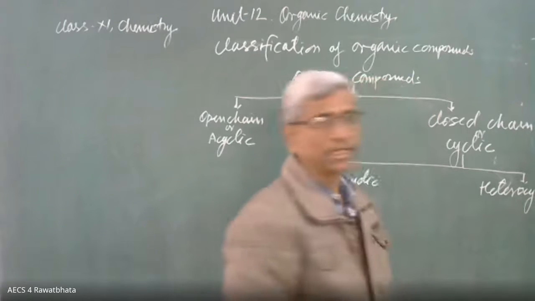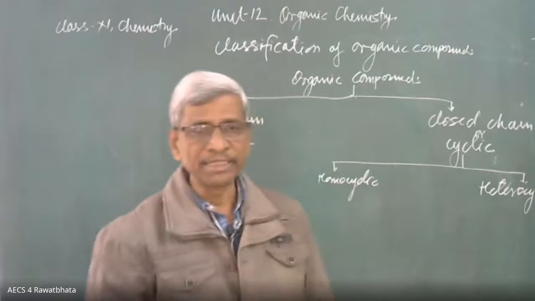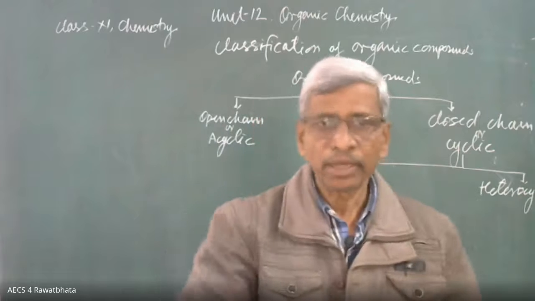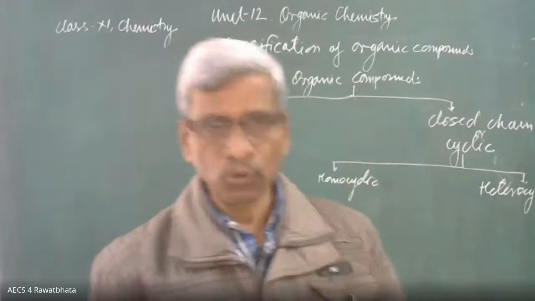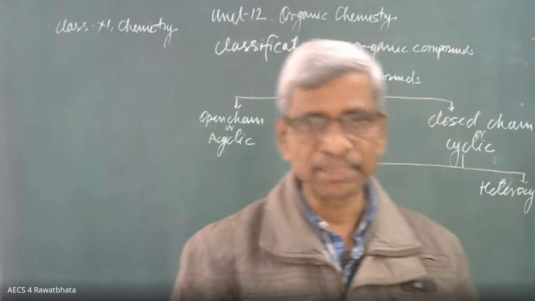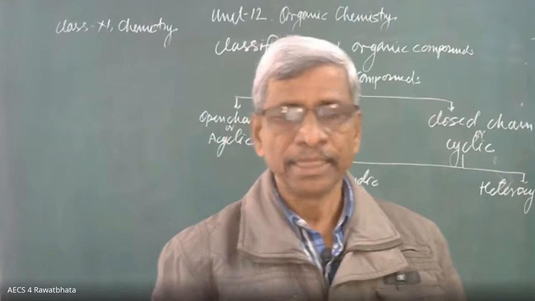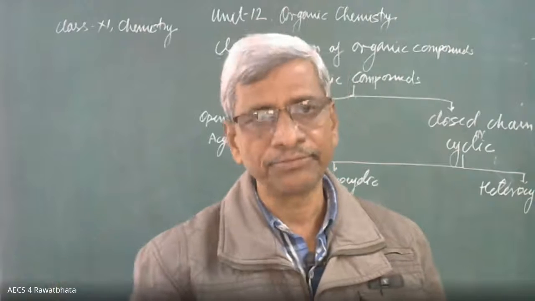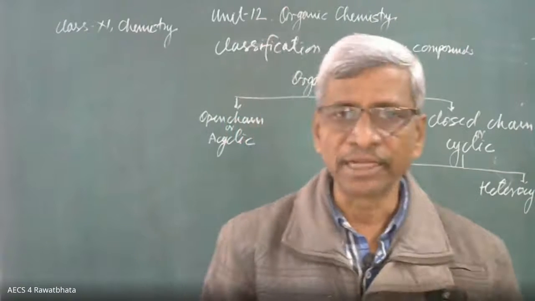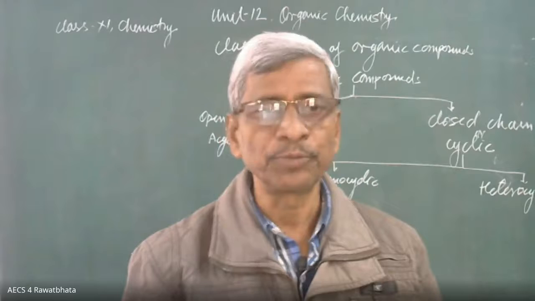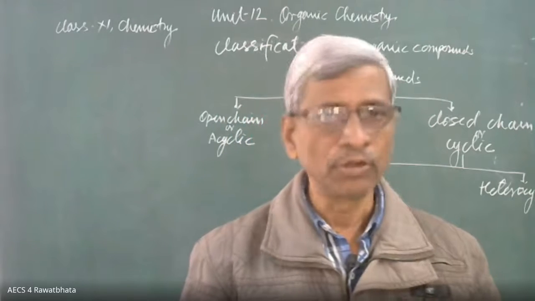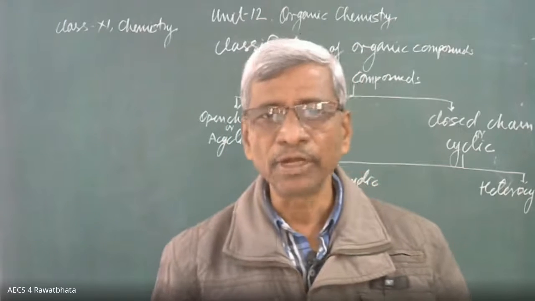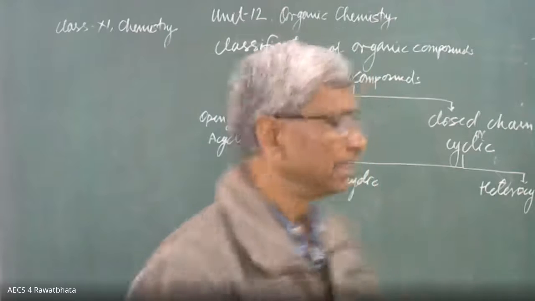Hetero, heterocyclic. Homocyclic means only carbon atoms in the cycle. Outside the carbon atoms may be some other elements. Heterocyclic, within the cycle itself, some other elements like oxygen, sulfur, or nitrogen are present. That is called heterocyclic.